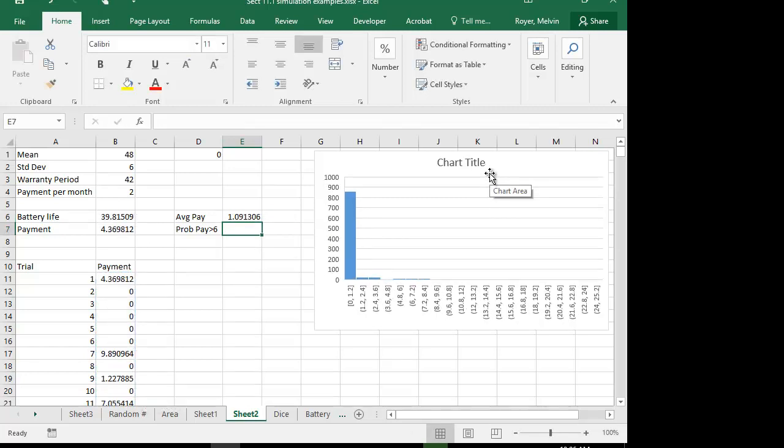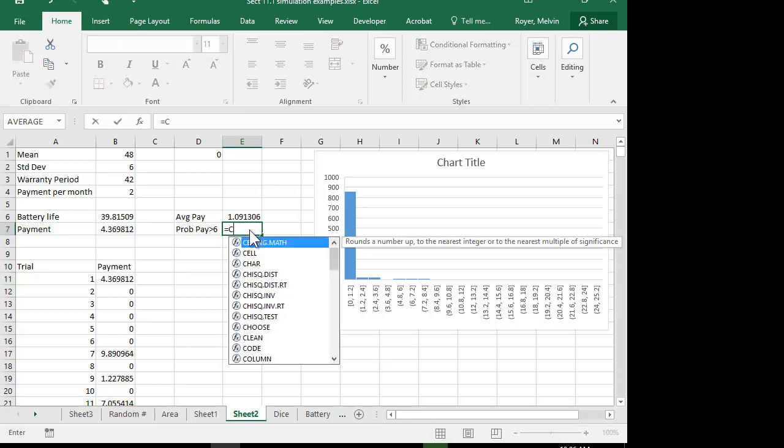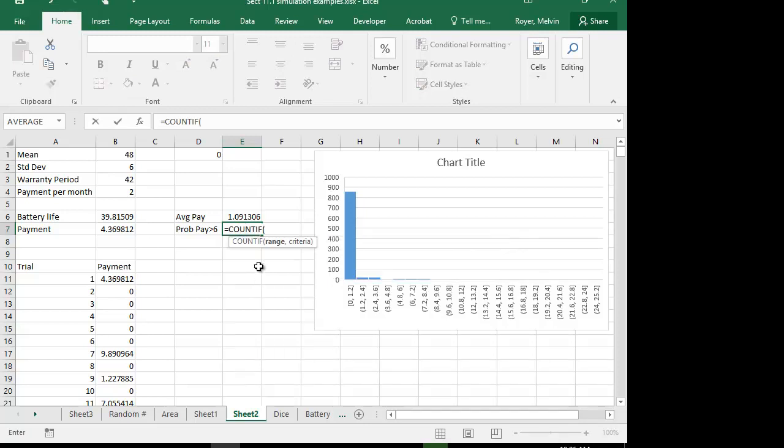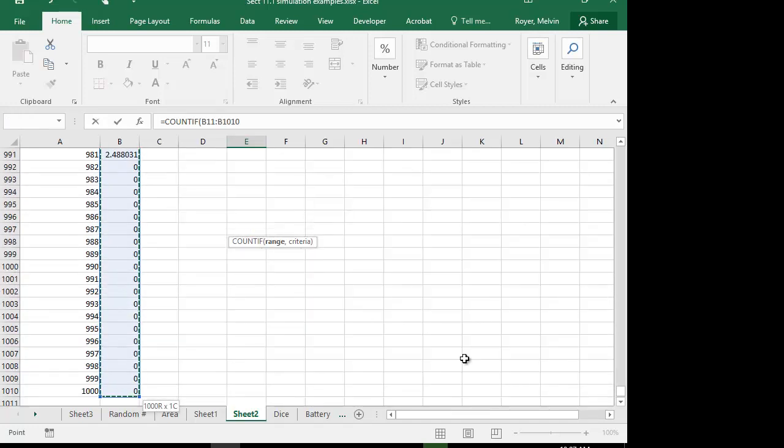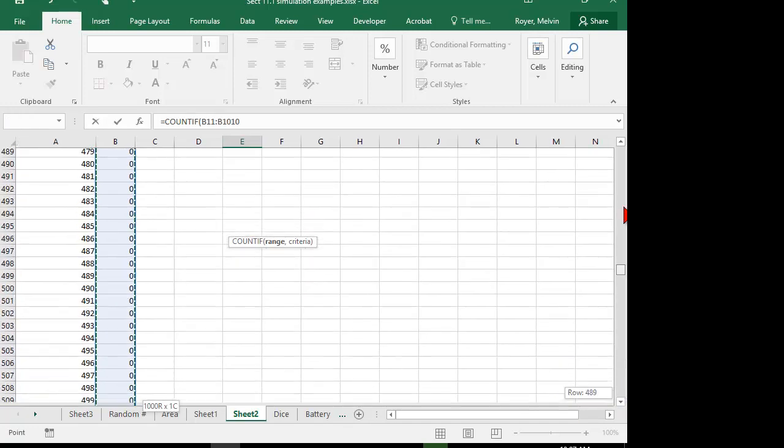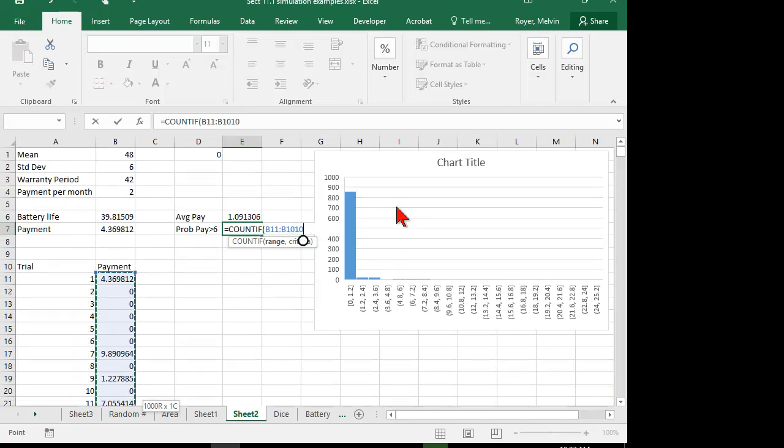And on this first trial, at least, I got a 1.09. And now, what about the probability that the payment would be greater than 6? So another COUNTIF command. These same 1,000 numbers are my range to count in. And then it's supposed to be checking if the number is greater than 6.